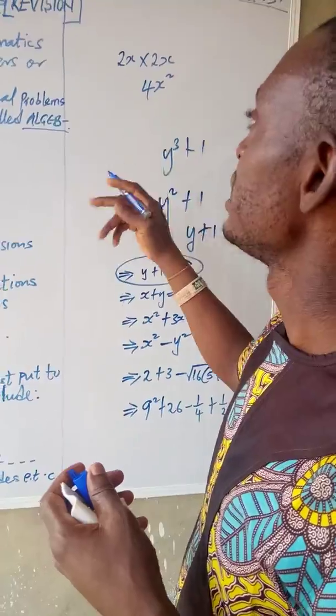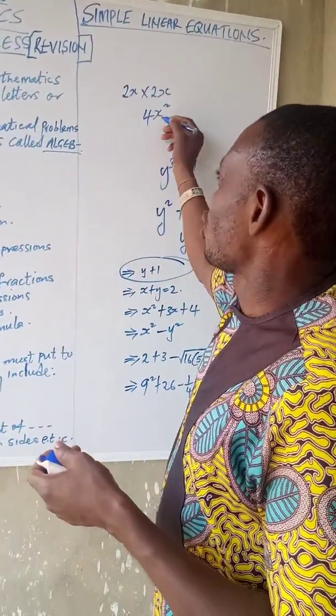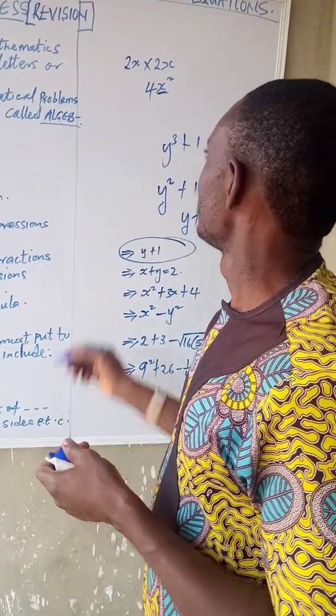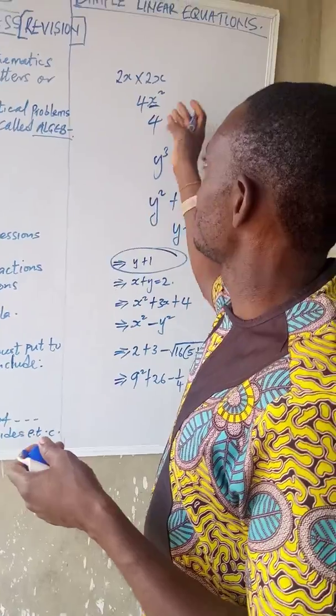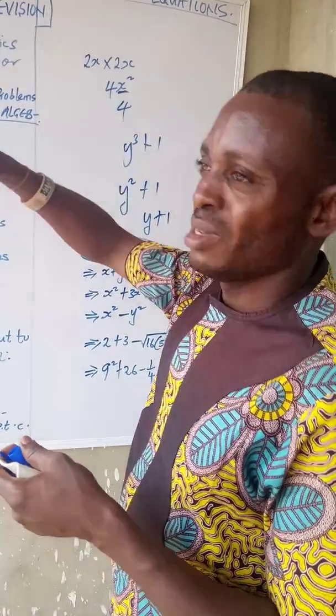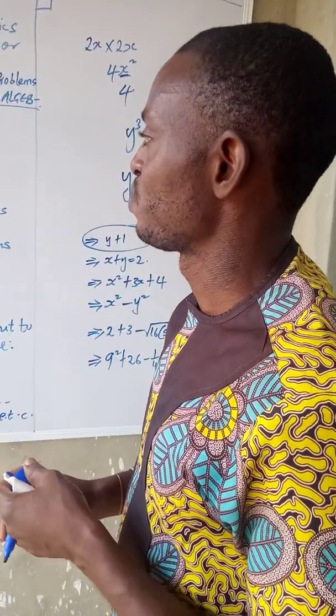And you may be asked, what is the coefficient of x squared in your expansion? Your answer will be 4, because the coefficient of any letter is the number that is in front of that letter.